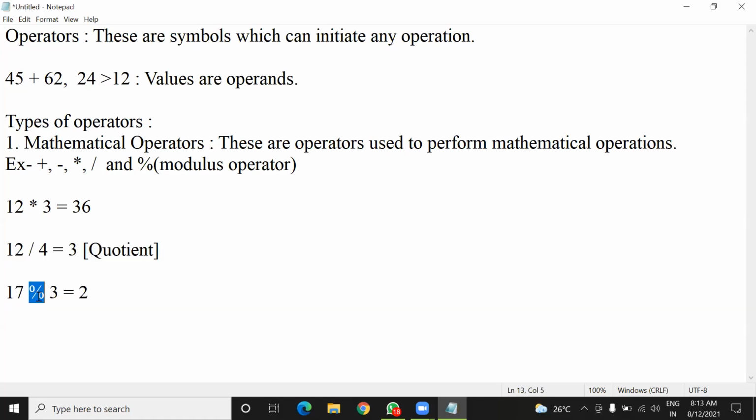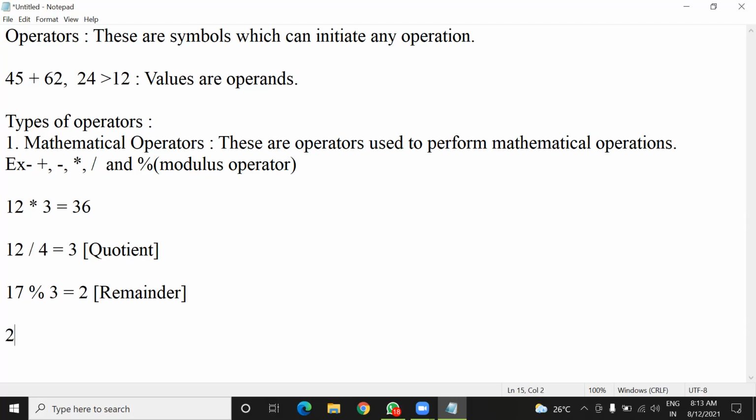This modulus operator is also used to divide, but it results in the remainder of the division. The remainder value is required many times in programming, so this operator is there. So these are the operators in the mathematical operator category.